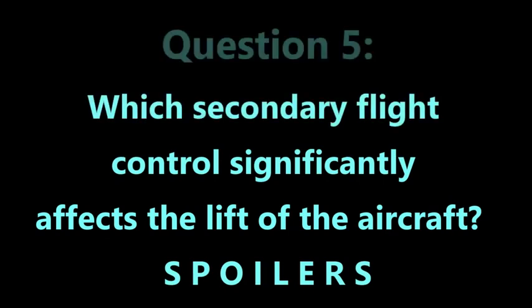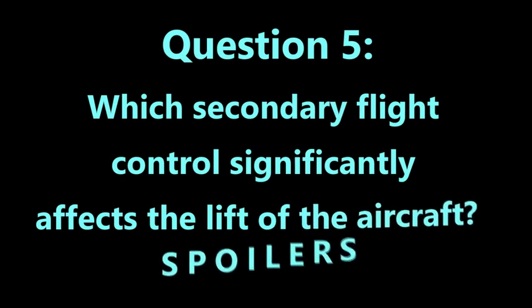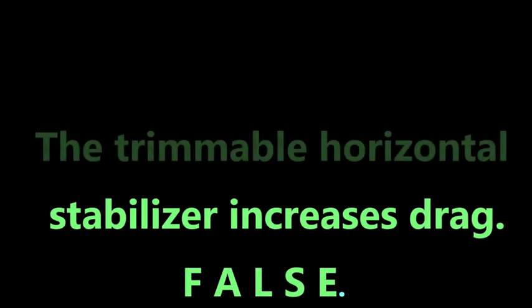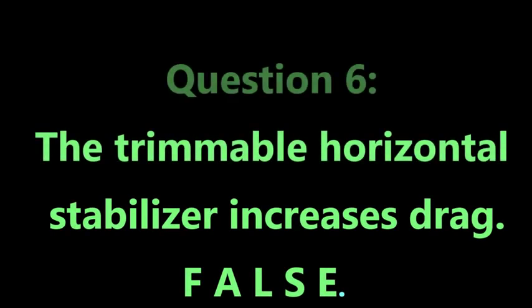Which secondary flight control significantly affects the lift of the aircraft? Is it speed brakes or spoilers? You're right, it's spoilers. The trimmable horizontal stabilizer increases drag. Is that true or false? That's false.